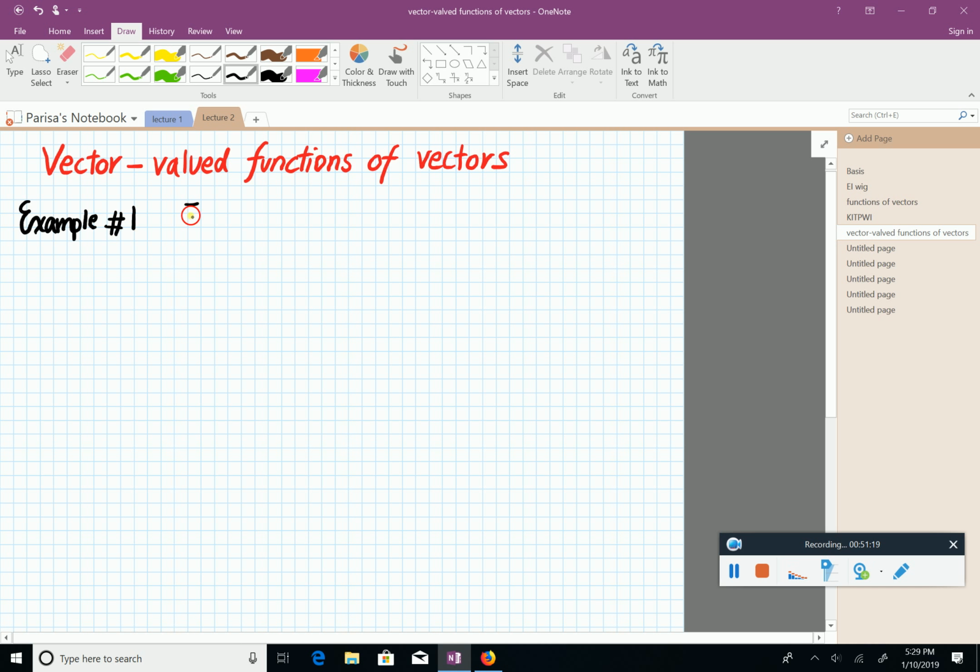So one example is, I call this function I, and this is now mapping vector space into vector space, such that this is a vector function of a vector.